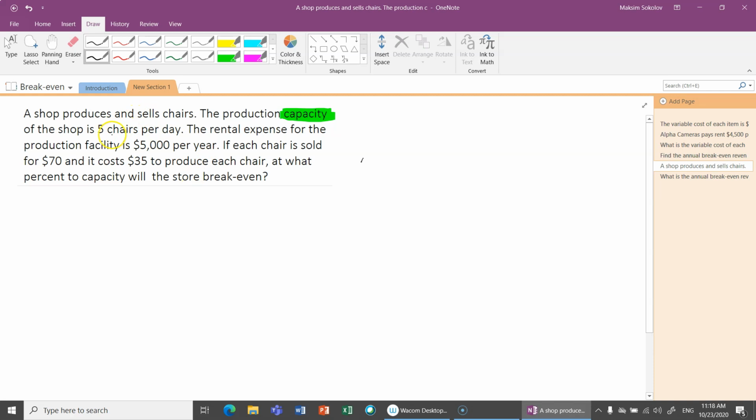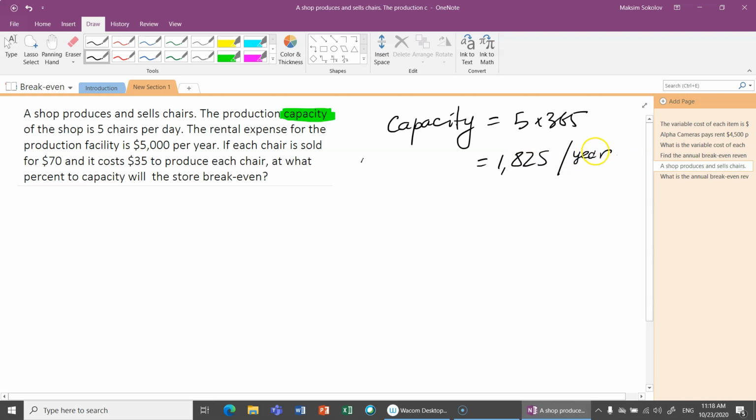So for the year, capacity is going to be 5 times 365, so 1,825 chairs per year. This shop can produce 1,825 chairs per year.